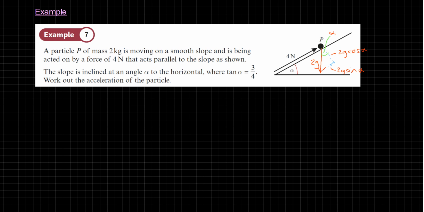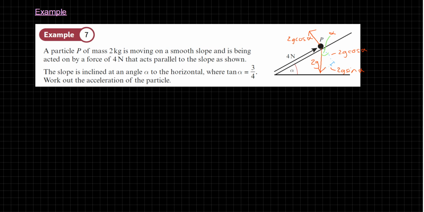We've got the reaction force here. And in fact, because this mystery 4 newtons force is parallel to the slope, it has no component vertical to it. In that case, that reaction is just going to be the same as this blue component here, the 2g cos alpha. So let's label that as well, it might not be relevant, but just in case.